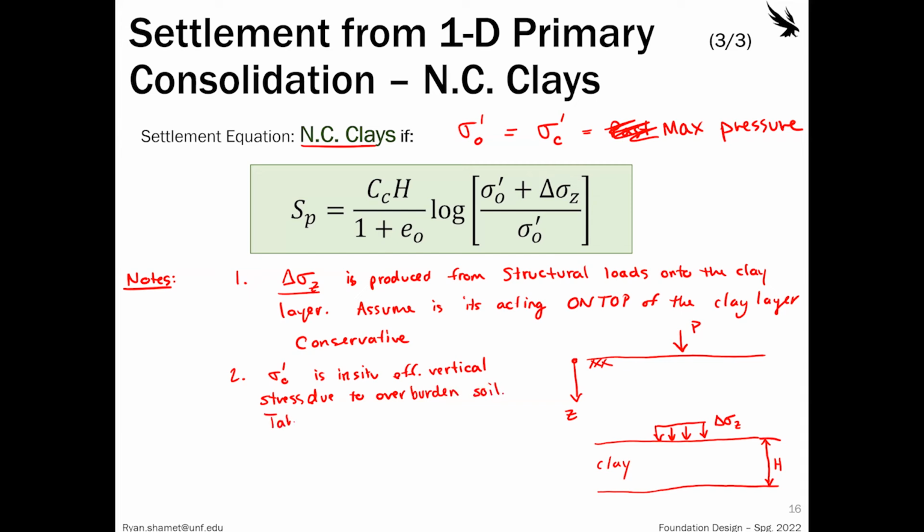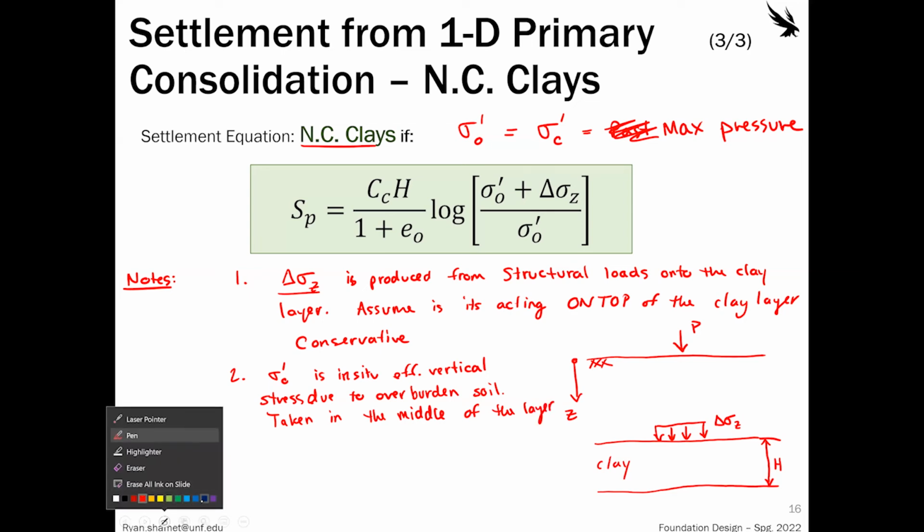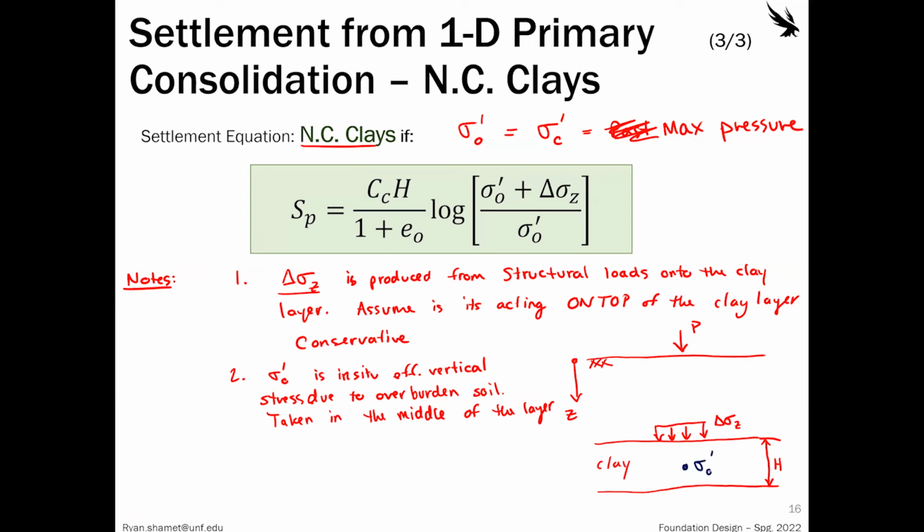And this is taken in the middle of the clay layer. So unlike the vertical change of stress, we will always take our vertical effective in situ stress at H divided by 2, in the middle of the clay layer.